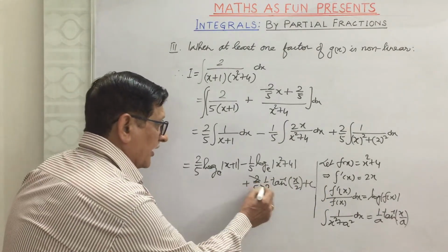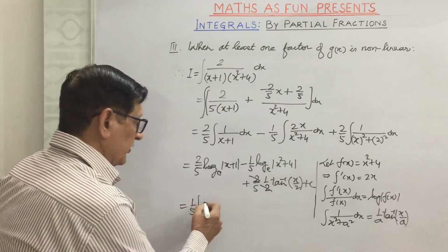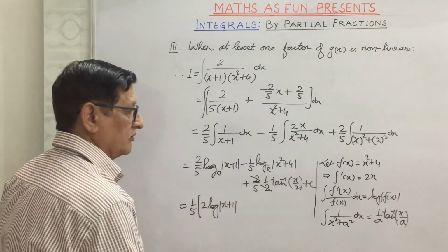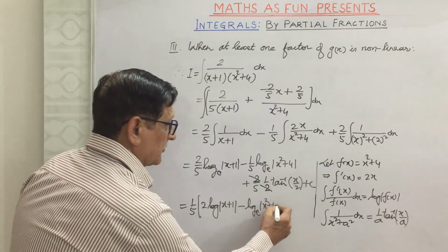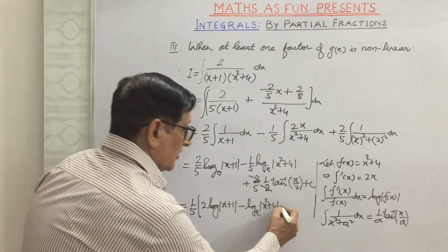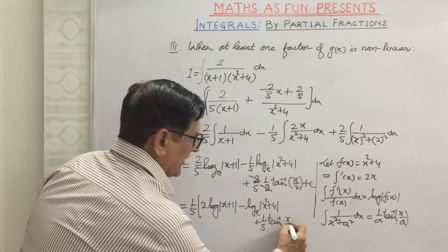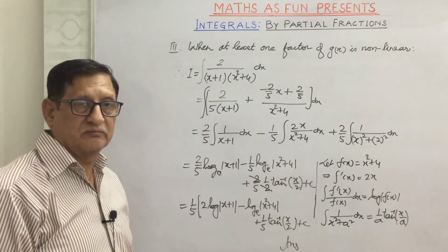This 2 and 2 cancel. Taking 1 upon 5 common, we get here 2 log of x plus 1 minus log of x square plus 4 plus 1 upon 5 tan inverse x upon 2 plus c, which is the answer to the problem.